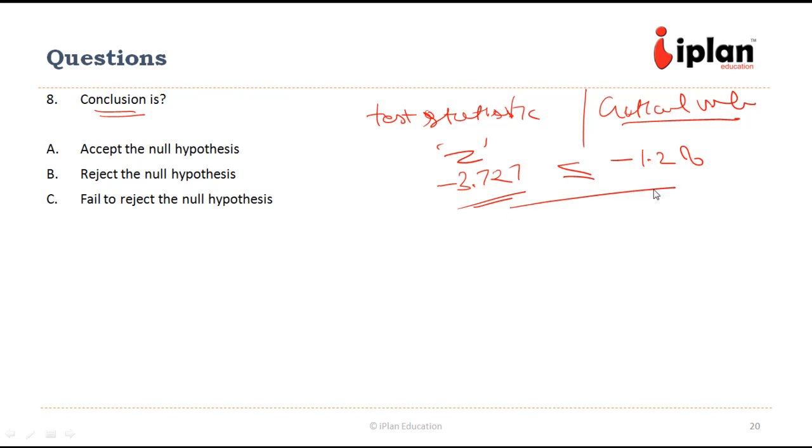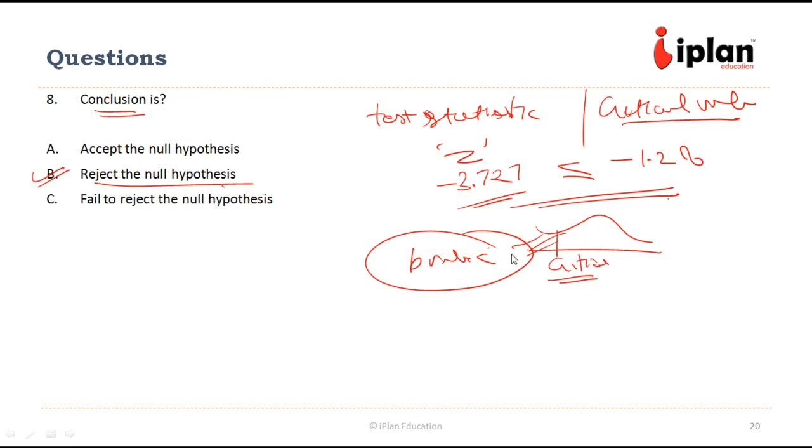So obviously the critical value is higher, so automatically it falls on left hand side, less than the critical value. So we can reject the null hypothesis. Or we can also say that p value is lower than the alpha, which was 0.1. So we can reject the null hypothesis. So that was all about the basics of confidence interval and hypothesis testing.